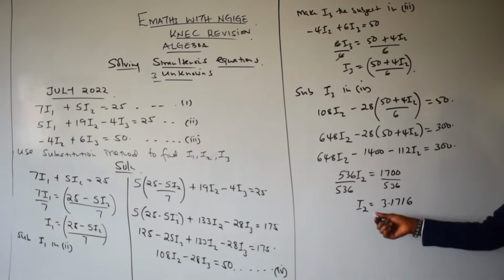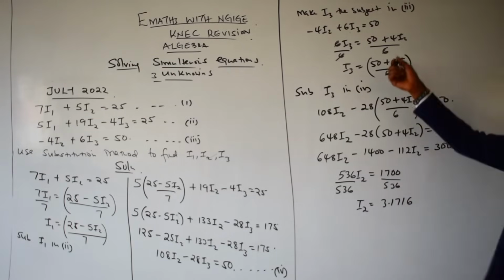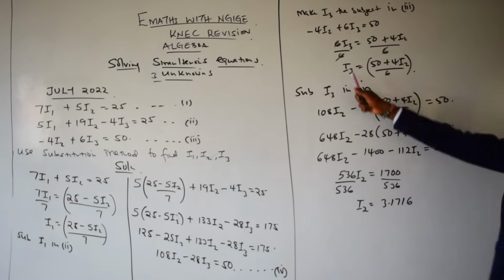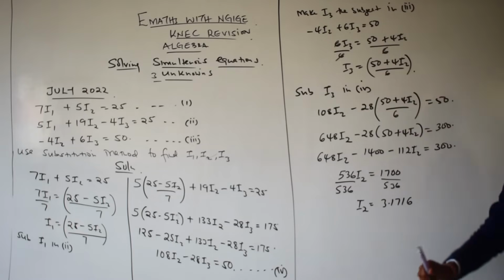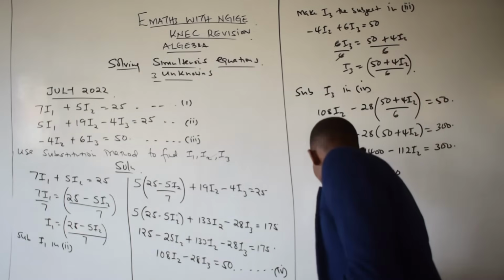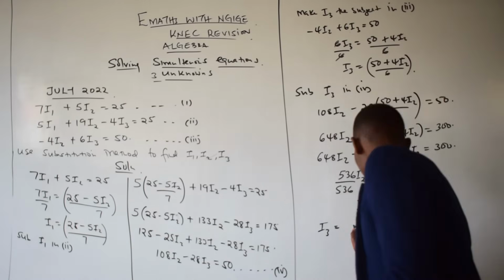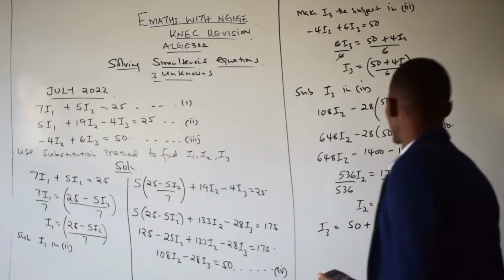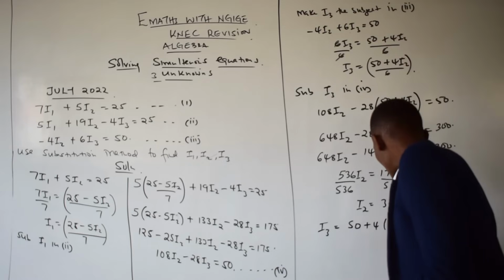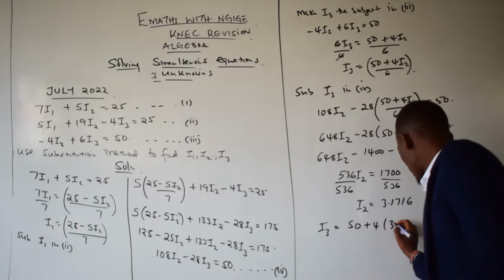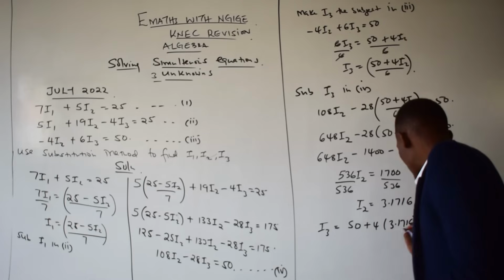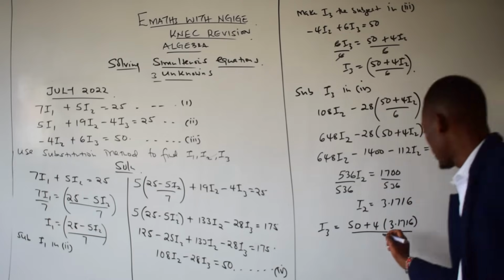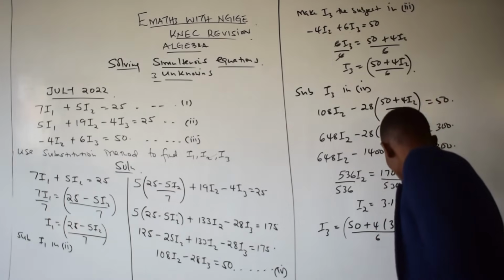So you have your value of i2. Now replace your value of i2 here, so that you can find your value of i3. So i3 therefore will be given by 50 plus 4 times i2, what is our i2? 3.1716, then all of that divided by 6.